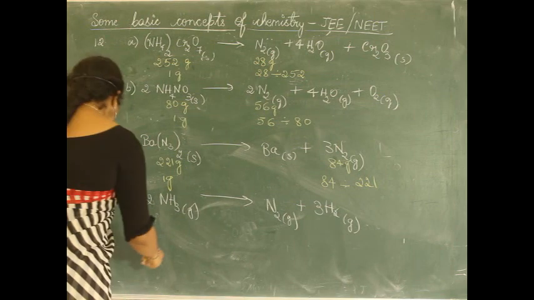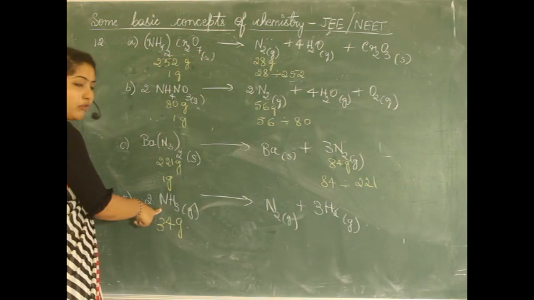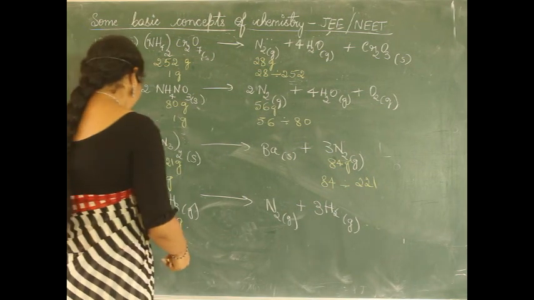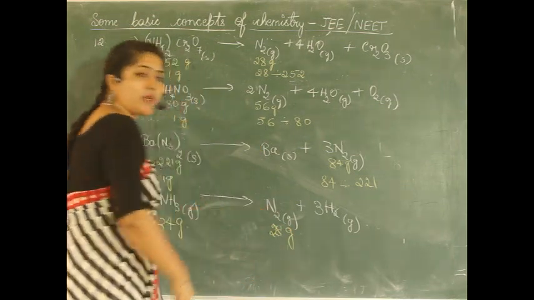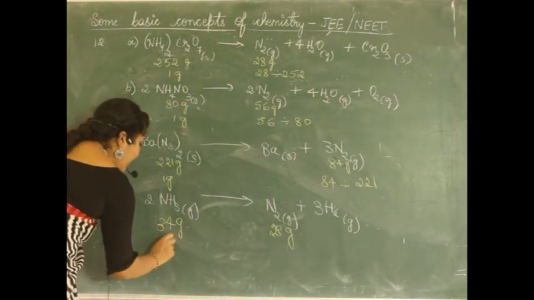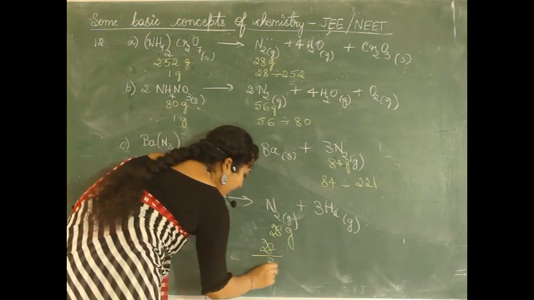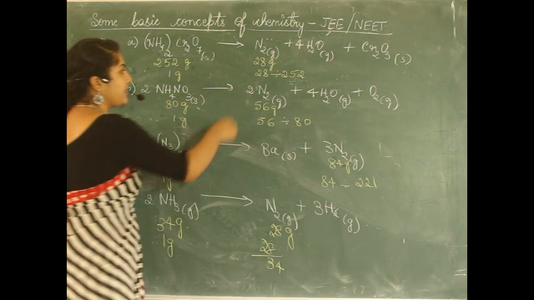And the last one, ammonia, comes out to be 34 gram. Here 14 plus 3 into 2 it is 34 gram. Here 28 gram, 14 twos are 28. Therefore, 1 gram can give 28 by 34 gram.